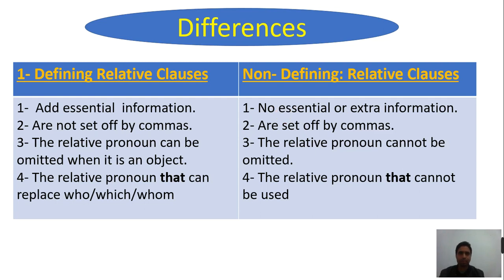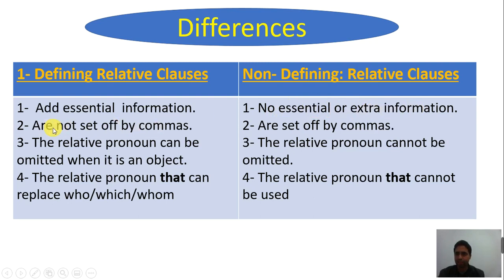Now, let's recapitulate what we have seen here. So the main difference between defining relative clauses and non-defining relative clauses. The first difference is that defining relative clauses add essential, necessary information, whereas the information non-defining relative clauses convey is not essential, it is just extra information.